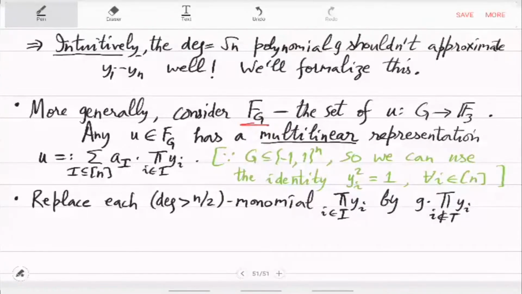See, you can do this because g times the product of y_i for i not in I is the same as the product of y_i for all i, and this multiplier.